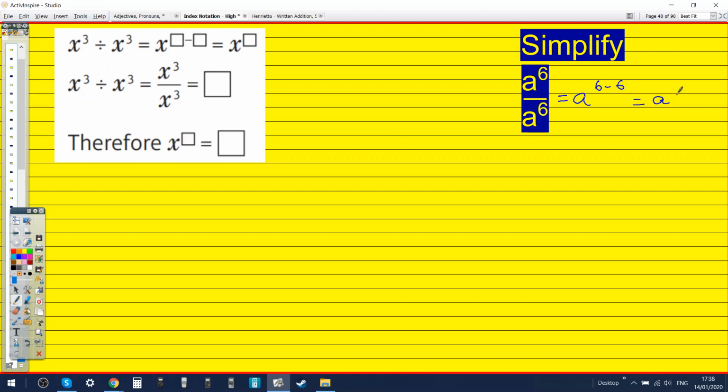What is 6 take away 6? 0. Yeah. And what is any number divided by itself? Any number divided by itself is like 3 divided by 3, 7 divided by 7. Is 1. Yes. And so what that shows you is any number to the power of 0 is 1, because it can be written as an index divided by itself.